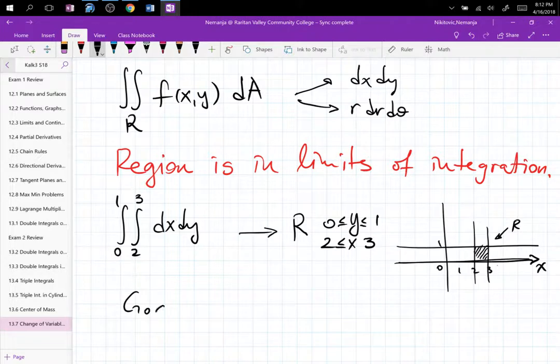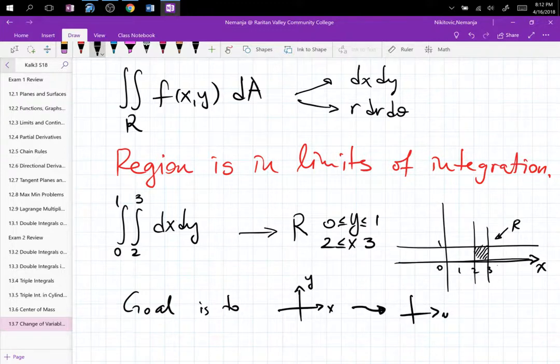So the goal is to shift XY into UV. And when we achieve that, we are going to be able to do the integrals. So let's take a look at the transformation of the region.